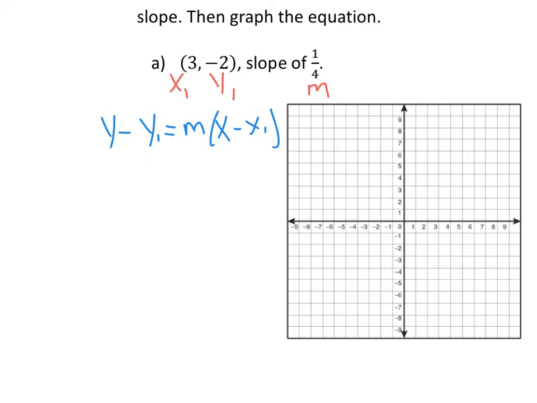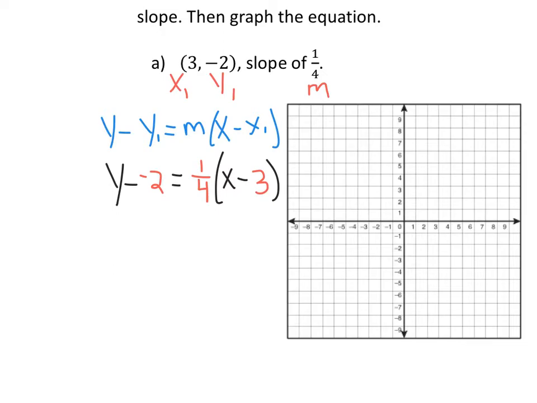Plug in what we know. We know that our y1 is -2, our slope is 1/4, and our x1 is 3. So we have y minus -2 equals our slope of 1/4 times x minus 3.